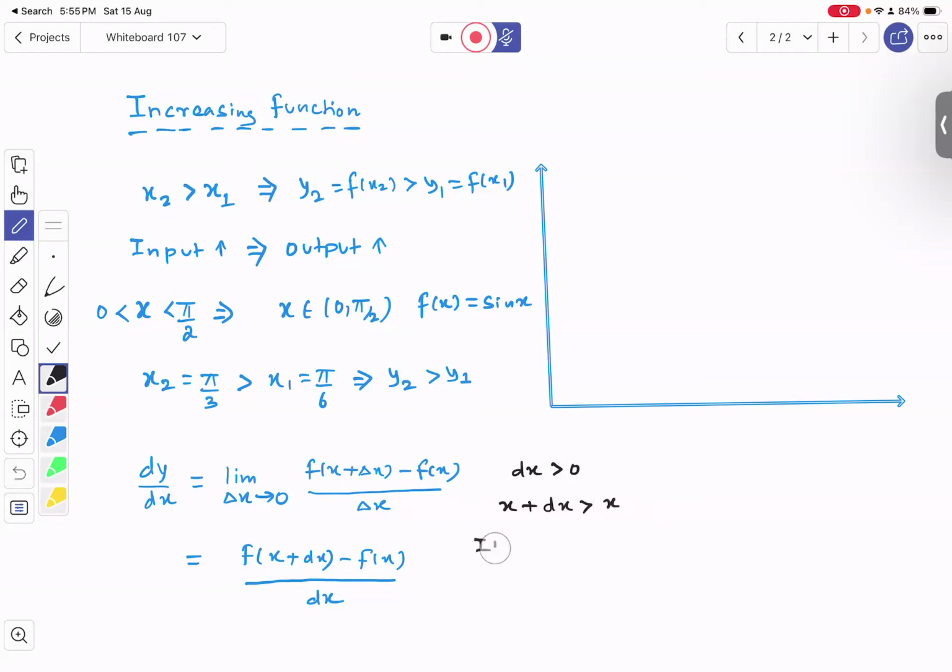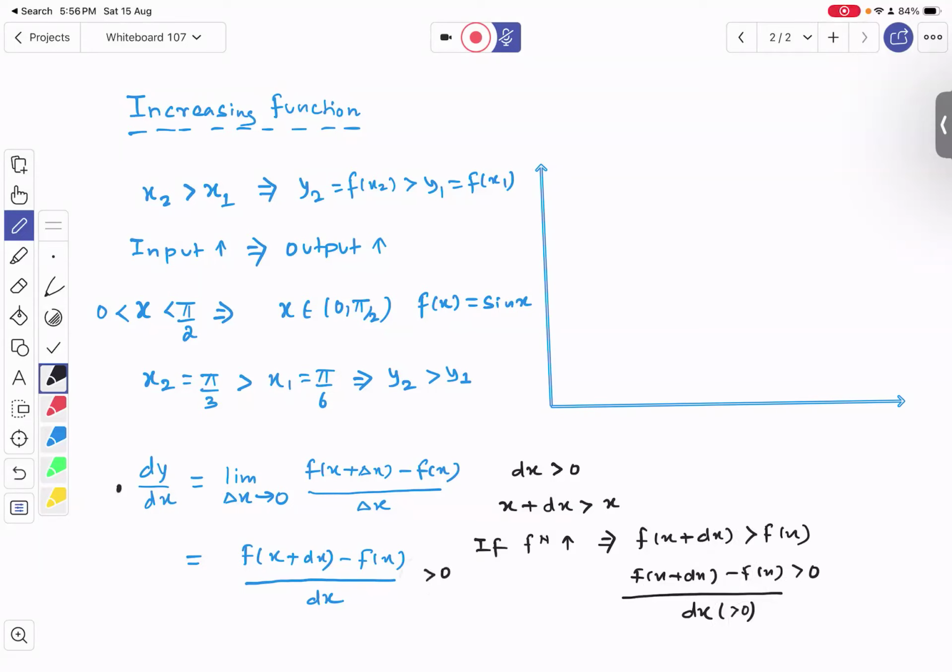And if the function is increasing, then the output at the bigger input is going to be more than the output at the smaller input. So f of x plus dx will be more than f of x, correct? Yes, sir. f of x plus dx minus f of x will be more than 0. And this is more than 0, and I divide it by something which is also more than 0. So that thing will be more than 0, or not.